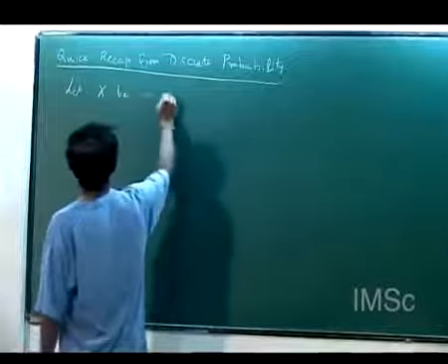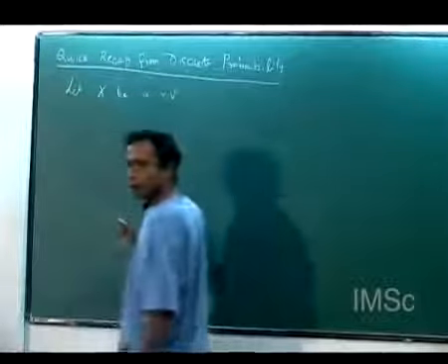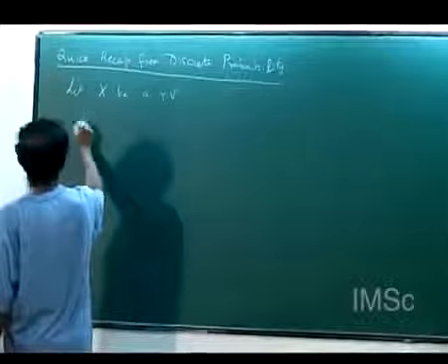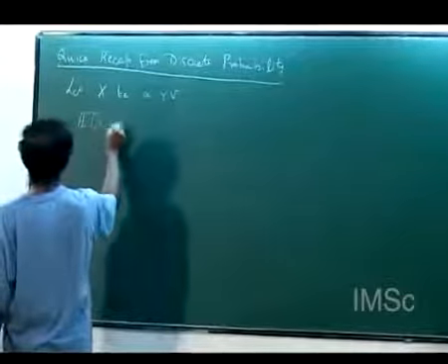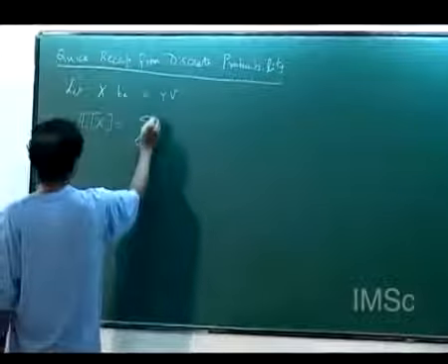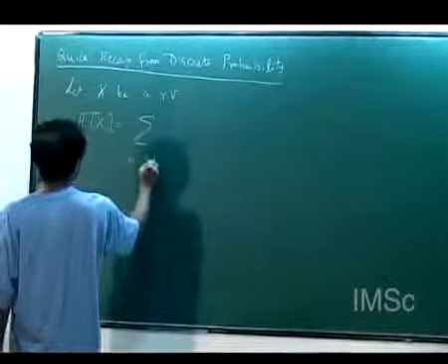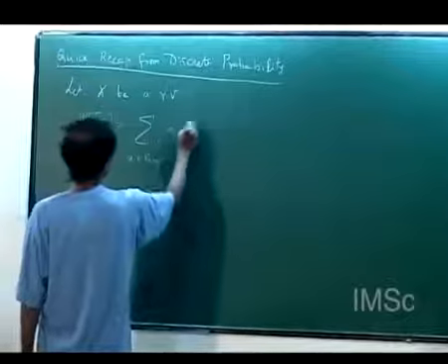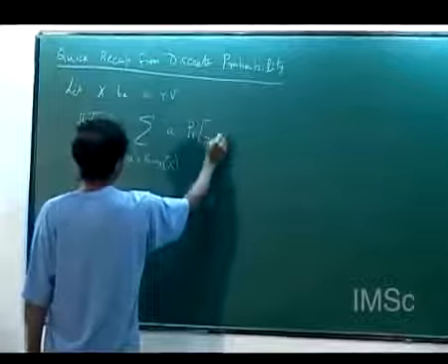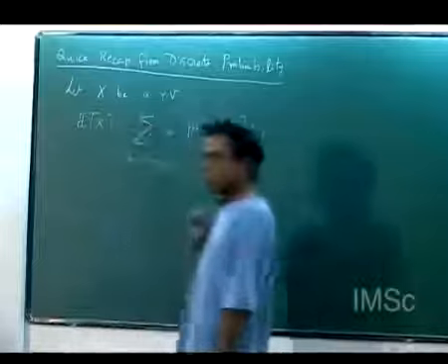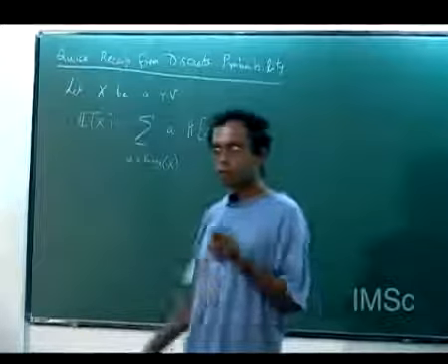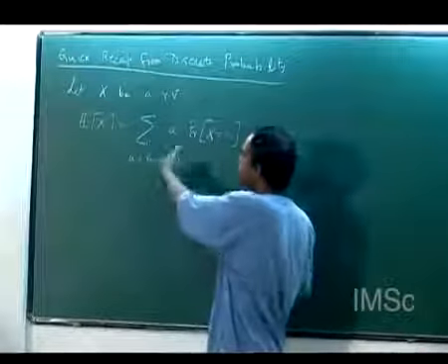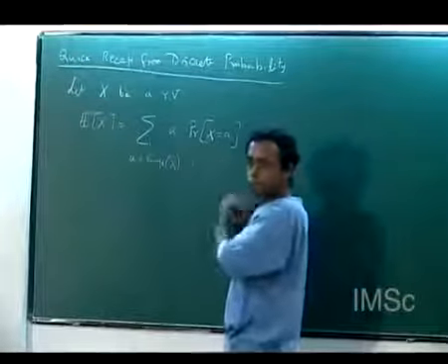Let x be a random variable. By expected value of x, I mean: x can take several values in the range of x, let's say a1, a2, ..., am, finitely many.